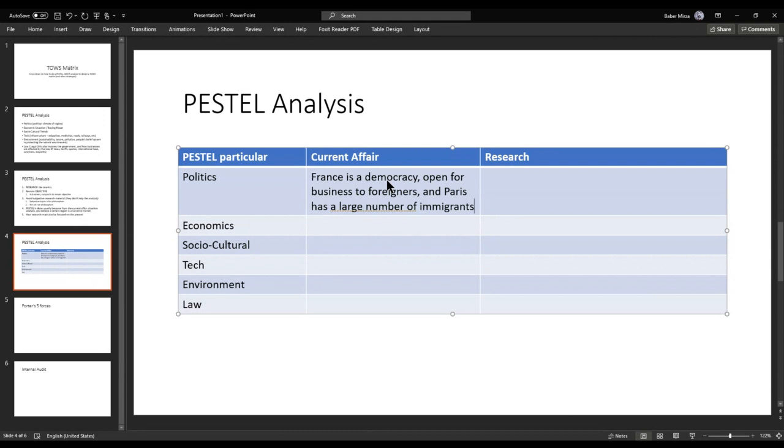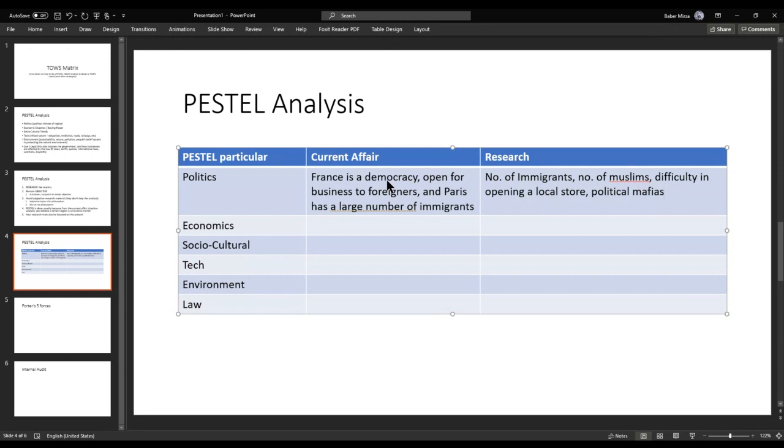My food item is also targeted towards immigrants. Research shows I can research the number of immigrants. My food is going to be halal, so I can research the number of Muslims. I'm going to also research, I would say being political, difficulty in opening a local store, political mafias.